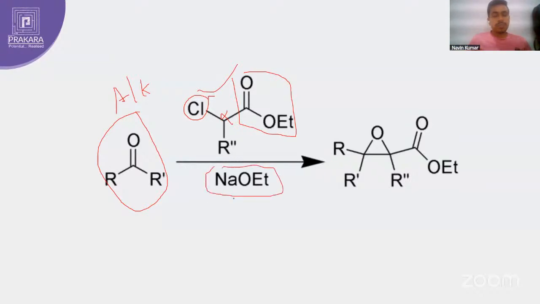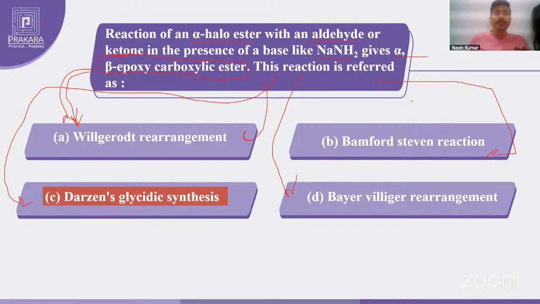The reaction happens in the presence of a base, either sodamide, sodium acetate, or sodium ethoxide. When the aldehyde reacts with the alpha haloester, it gives an alpha beta epoxy carboxylic ester.